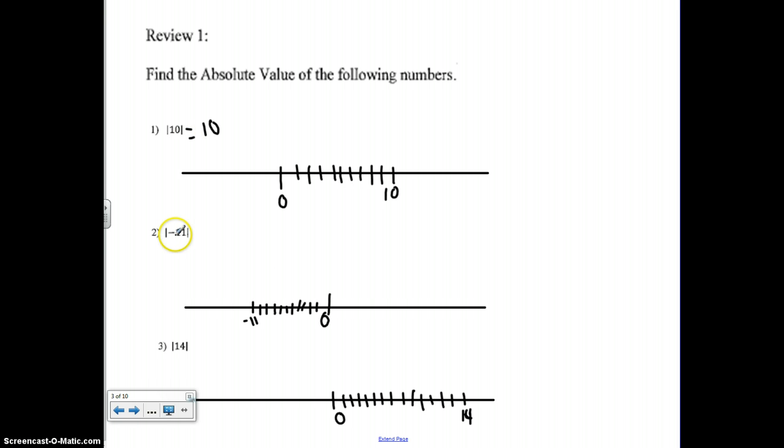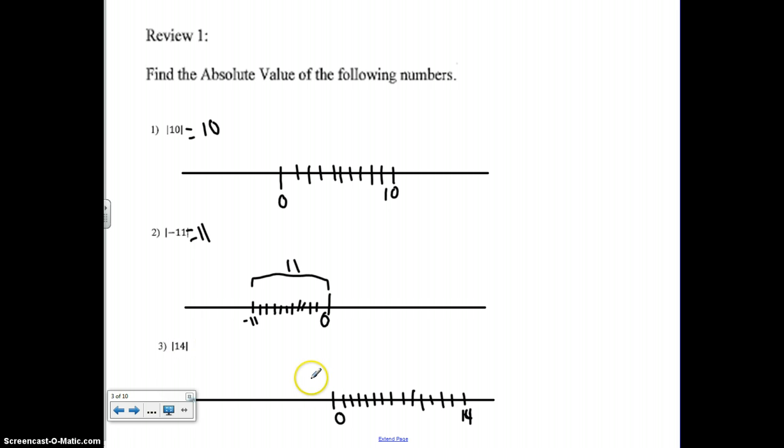Now let's look at the absolute value of negative 11. Let's count how many units away negative 11 is from 0. I have 1, 2, 3, 4, 5, 6, 7, 8, 9, 10, 11 units. There are 11 units going from negative 11 to 0, or 0 to negative 11. So that means its absolute value is 11.